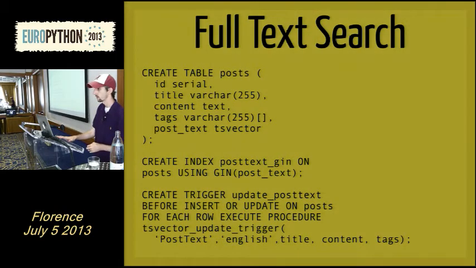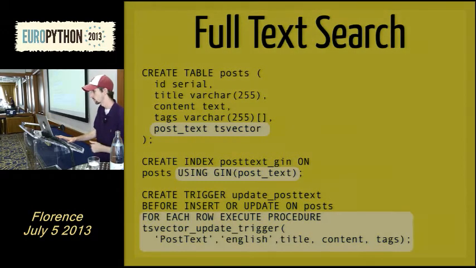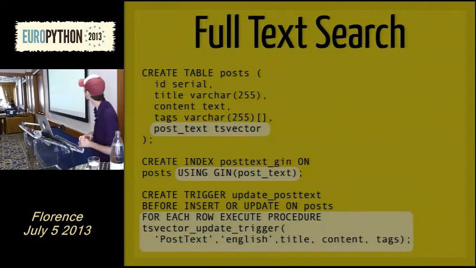So in defining it, here's how it's going to look in the SQL. You're still going to want to do a few of these things, even when using it with Django. You're going to probably want to create your index, because Django's not automatically going to do this for you. And you may want to create your procedure that's a trigger there as well. But you're defining a separate field type up there at the top called tsvector. And that's essentially going to track certain of the things that it's going to need to search on.